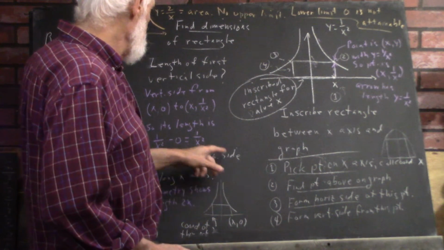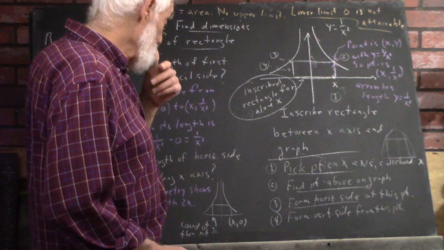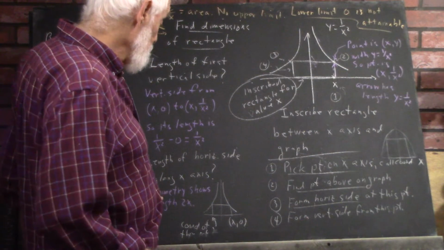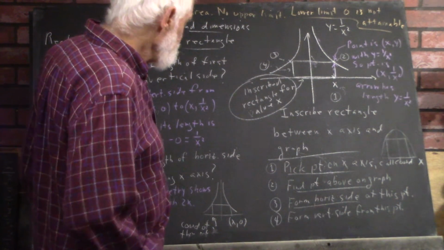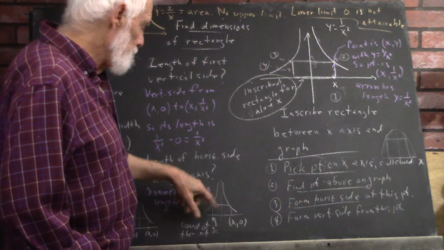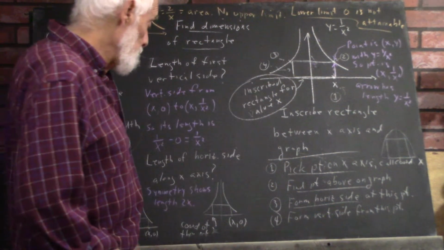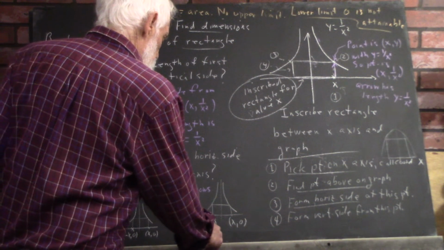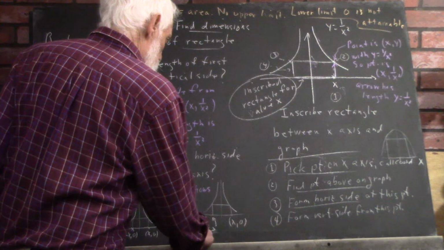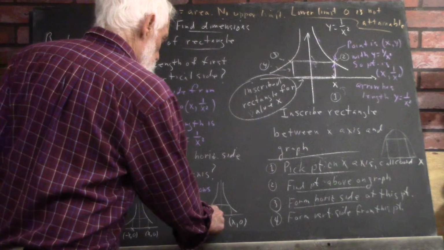Then the question is, what's the length of the horizontal side along the x-axis? Well, if we just look at this little schematic drawing that doesn't have all the complication of this one, I ask, what are the coordinates of this point here?